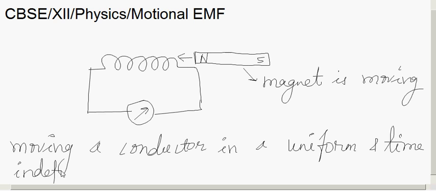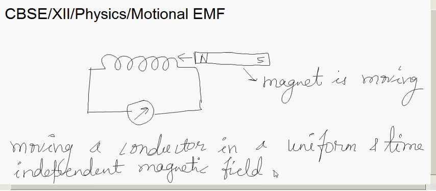Moving a conductor in a uniform and time independent magnetic field, and if the EMF is induced in this way, then it is called motional EMF.